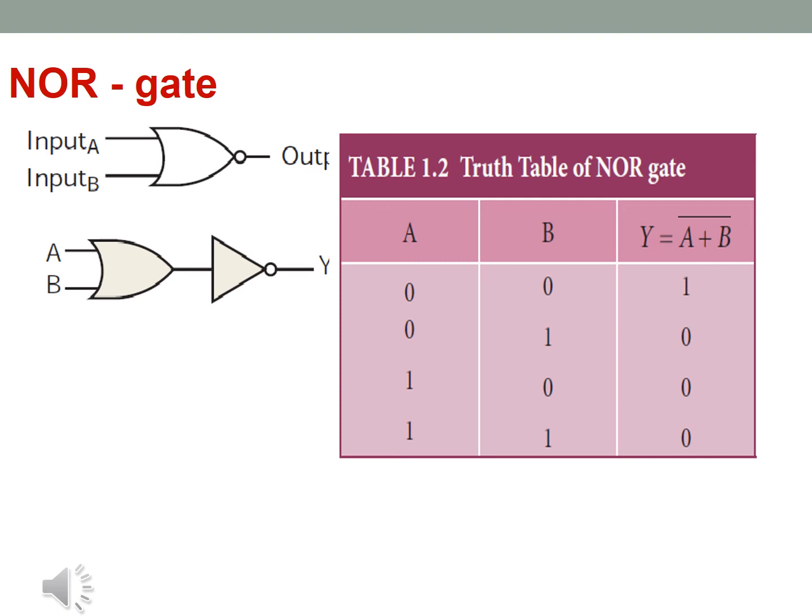A NOR gate can have n number of inputs and only one output. Here we take two inputs, A and B. You have to give the input combinations 0 0, 0 1, 1 0, 1 1.